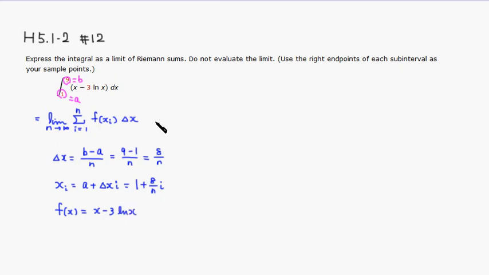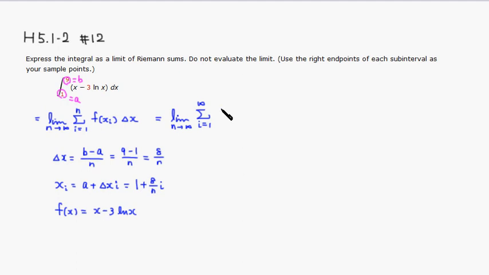So it seems like we know everything we need to know. This is going to be a limit as n approaches infinity, summation i goes from 1 to n, f of xi. This is f of x, xi is this guy, so we just have to plug it in.